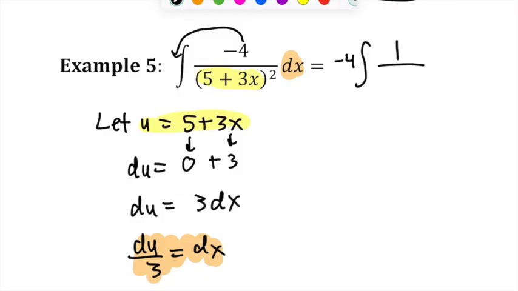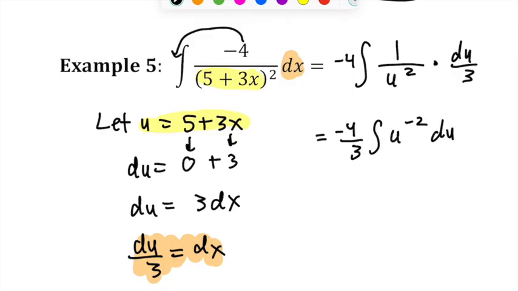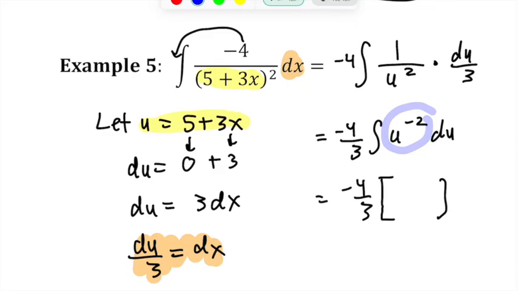Again, here's my u, and my dx is du over 3. So now I'm going to pull out the 3, and I'm going to rewrite this as a negative 2. This is a power function with an exponent, so we are just going to add 1 to the exponent, which gives me u to the negative 1, and then divide by negative 1.